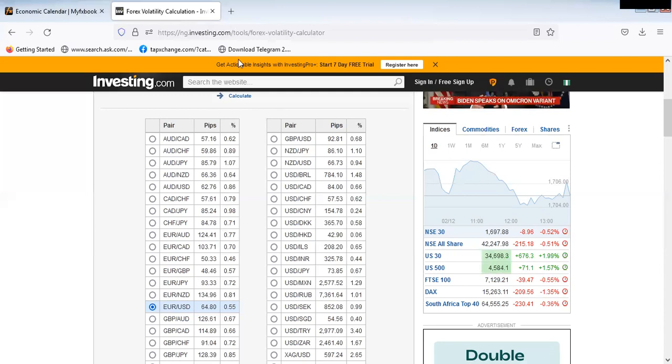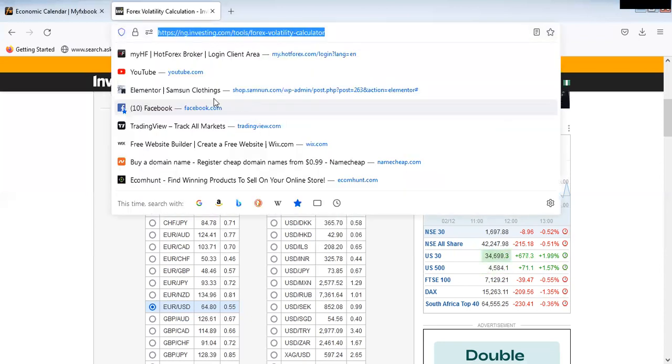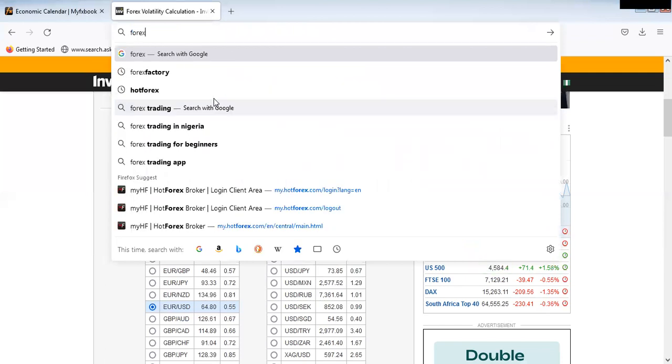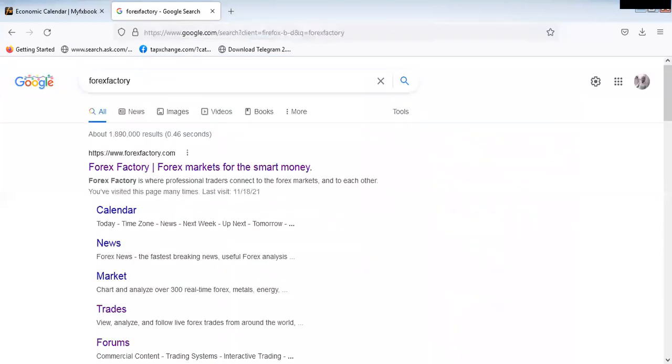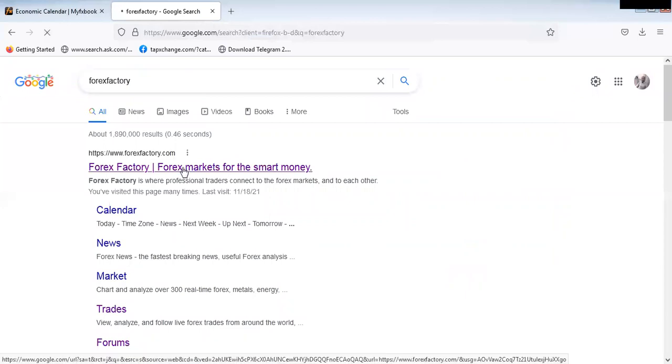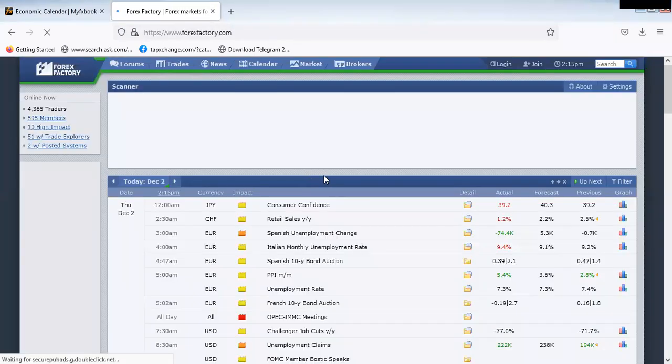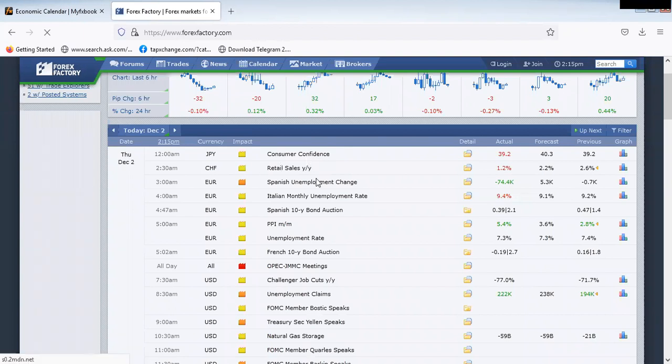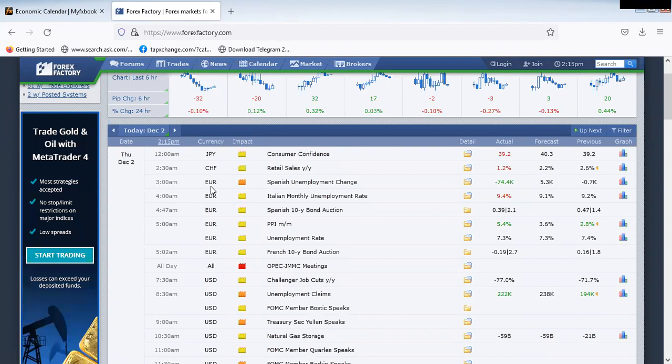The last one is going to be ForexFactory. If I click on ForexFactory, I'll see JPY consumer confidence, CHF retail sales YY, Euro Spanish unemployment change.